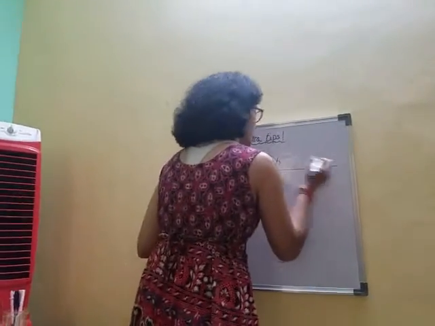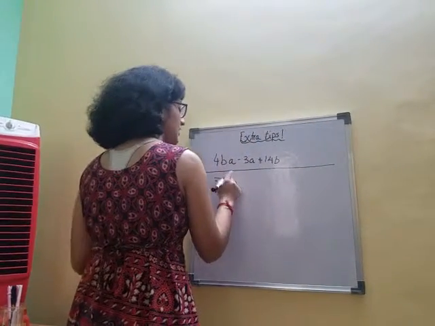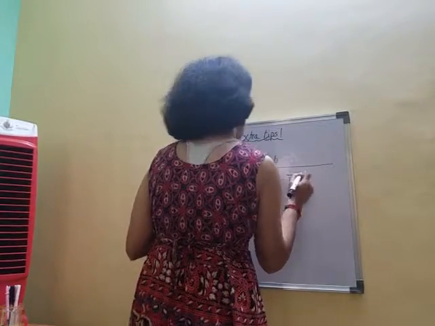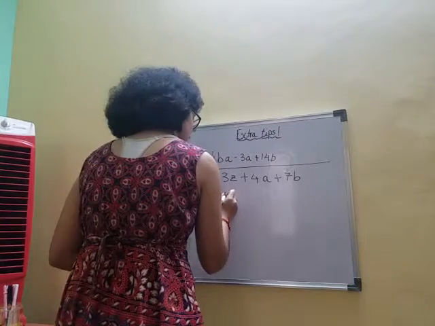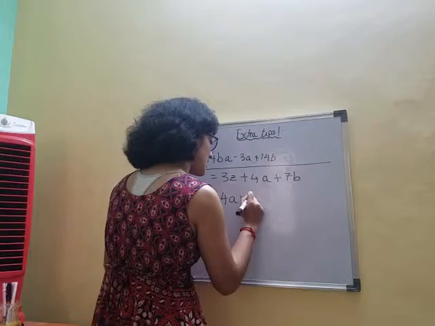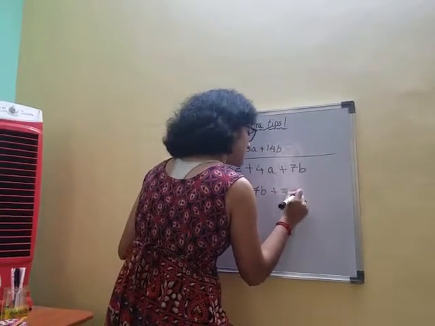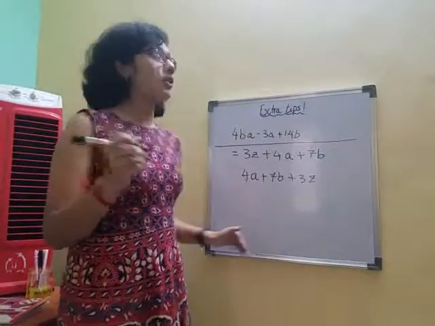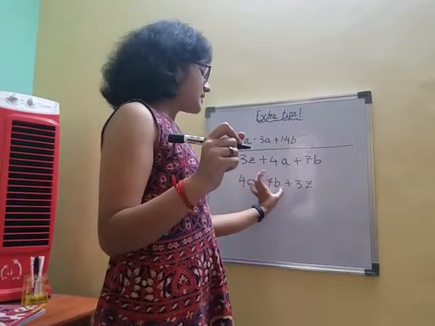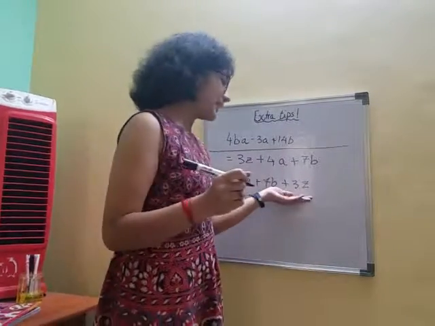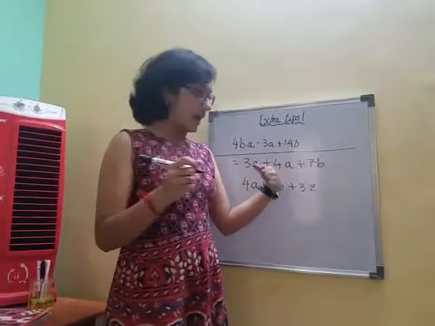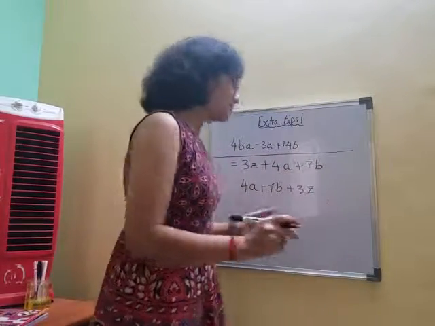So for example, if the answer is 3Z plus 4a plus 7b, you have to rewrite it as 4a plus 7b plus 3z. This is because it's going in alphabetical order. As you can see, a is of course first, so we're putting it first. B is second, and Z is last because there are no more consecutive variables following B except Z, so you put Z last.